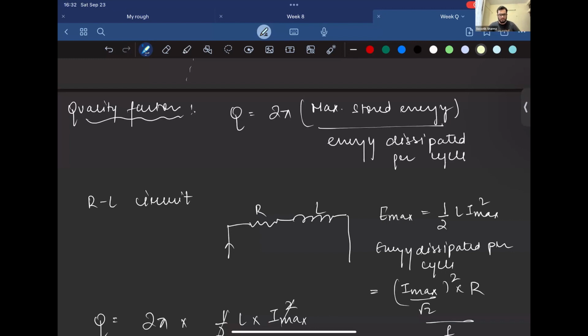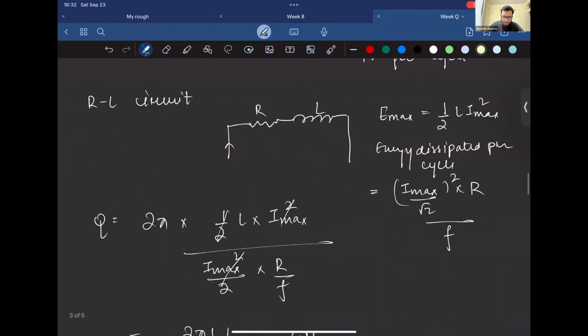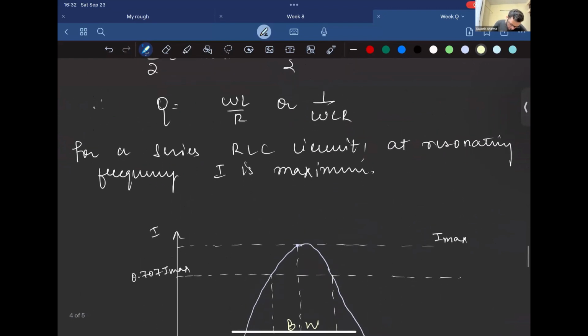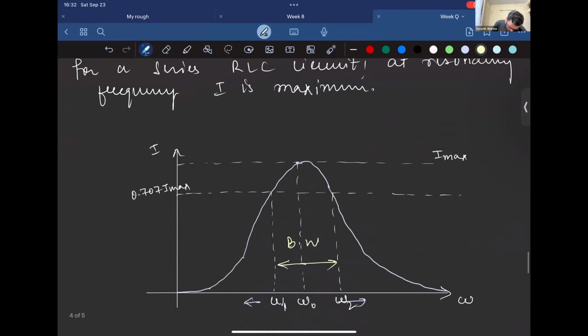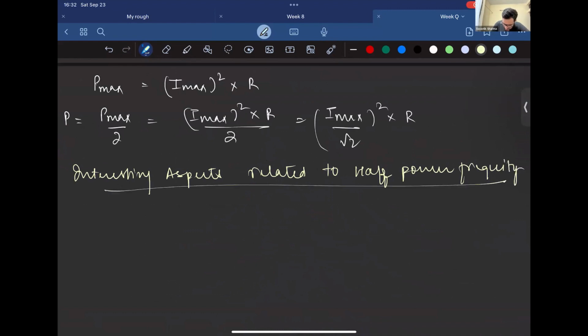So yeah, that's it. I want to discuss some specs related to half power frequency. For brevity, I'll call them omega 1 and omega 2.